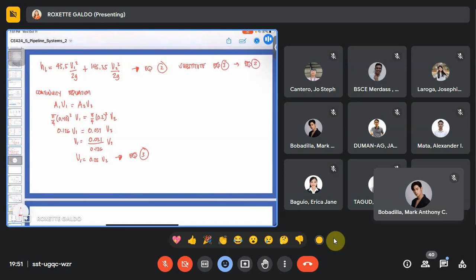So this will become HL is equal to 45.5. Instead of writing V1, we are going to put 0.25 V2 squared over 2G plus 145.35 V2 squared over 2G.